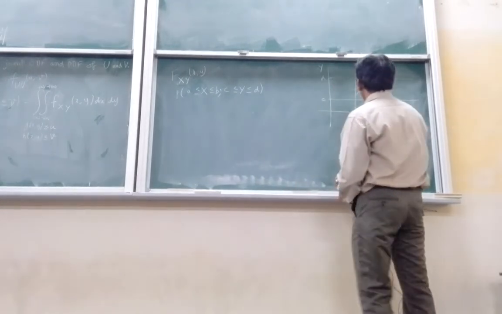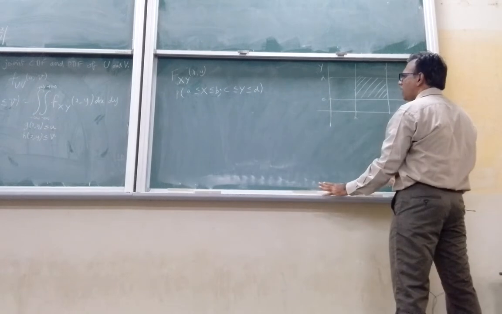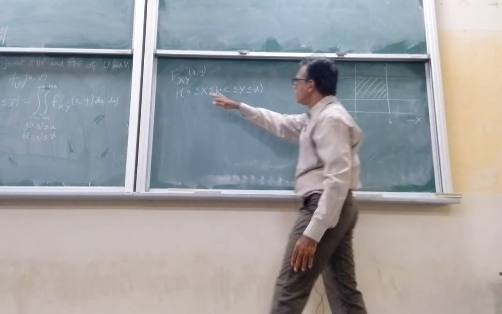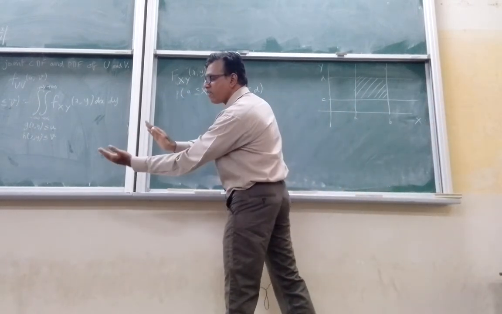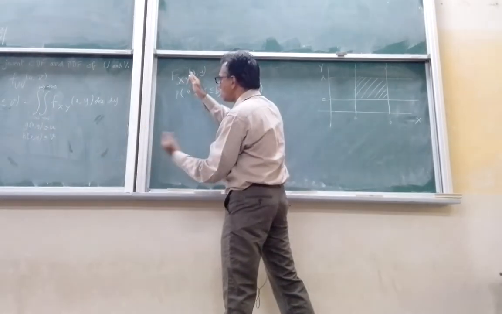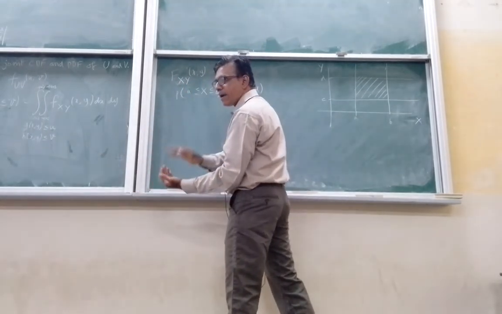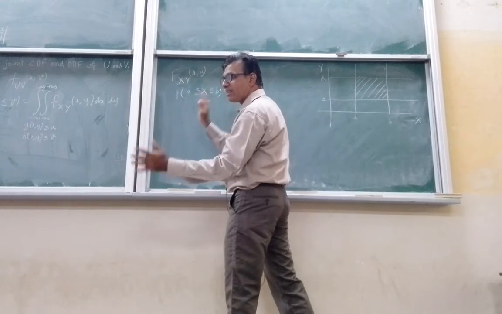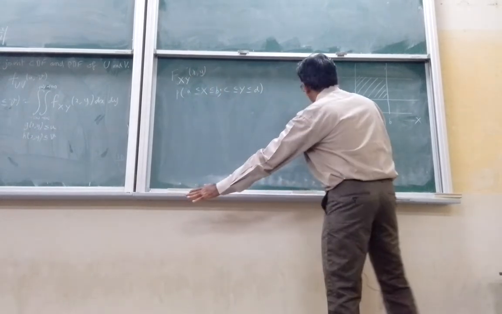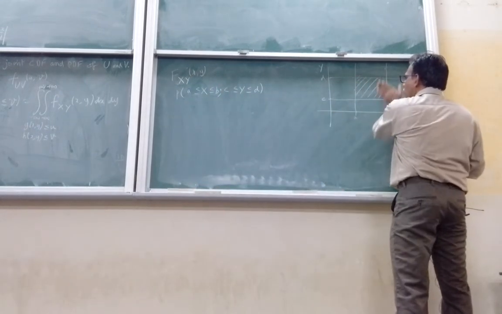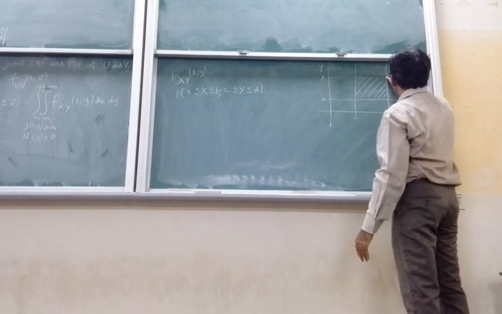To find this area, all I know are functions of this form, that is, all the way from minus infinity to one value for x, and similarly minus infinity to some value for y. Let us look at this point.